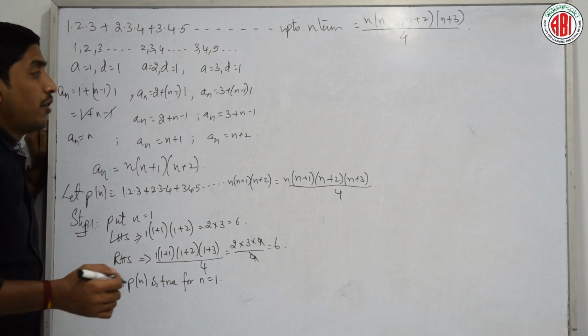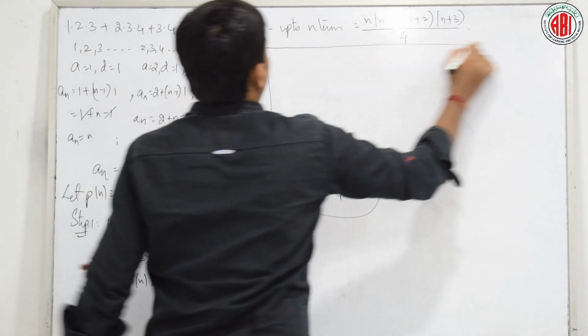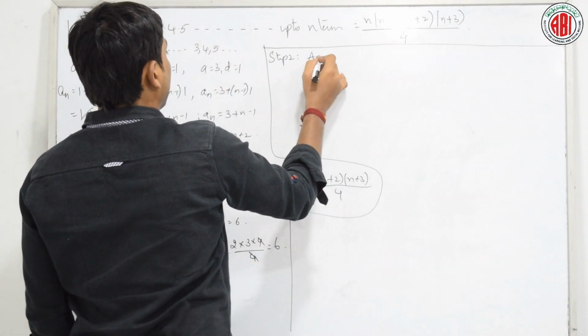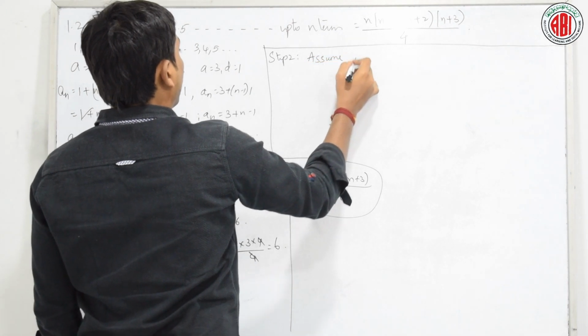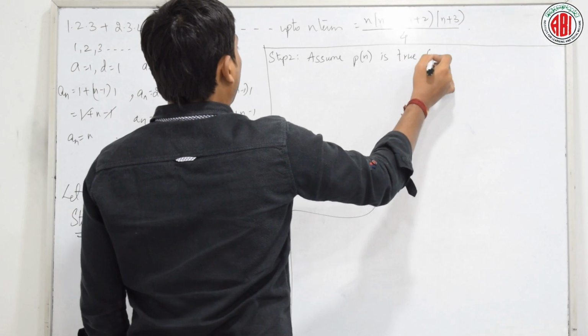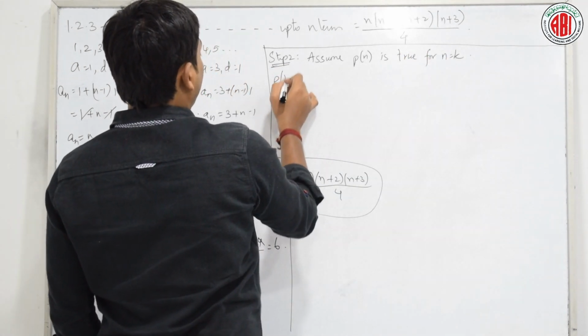Is it right? Now tell me what is our next step? Our next step will be assumption. Step 2 is assume P of n is true for n is equal to k.